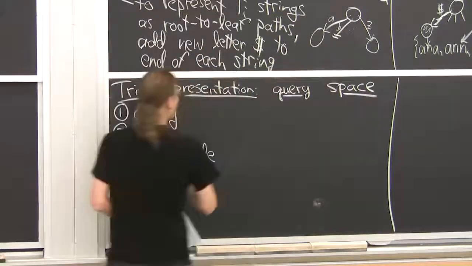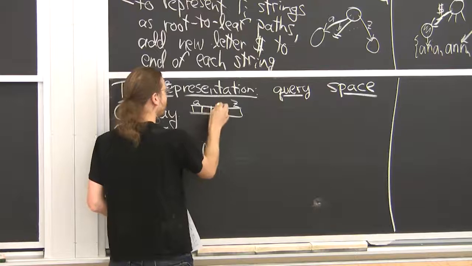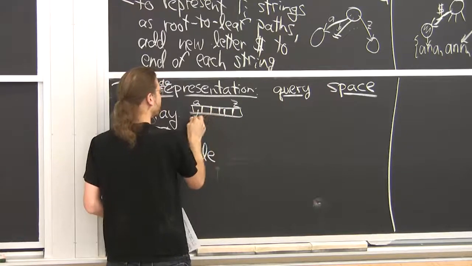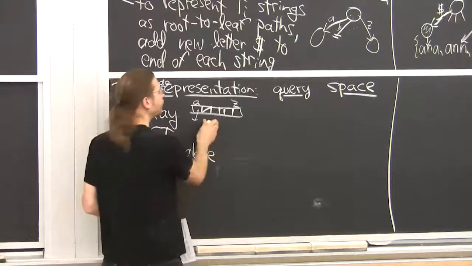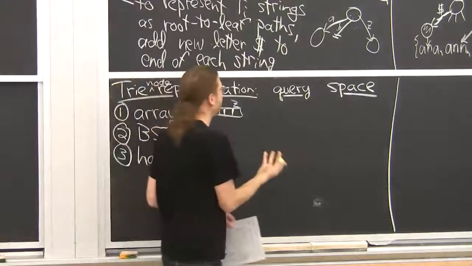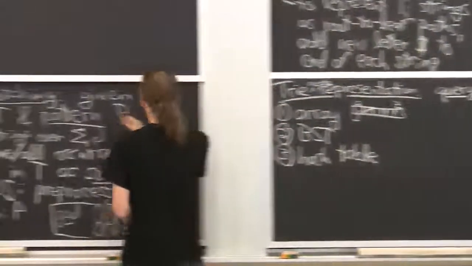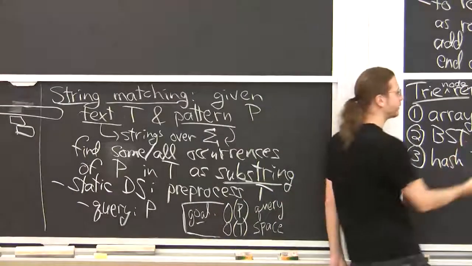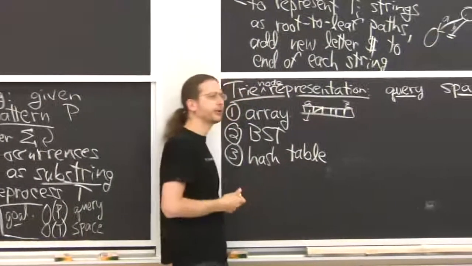Okay, if I use an array, meaning I have, let's say for A through Z, a pointer that goes either as null or points to the child. This is going to be really fast, right? Because at a node, I just look at the ith letter in my pattern, P. I say, oh, it's a J, and so I look at the J position, I follow it. You might wonder, how do I do predecessor and successor?